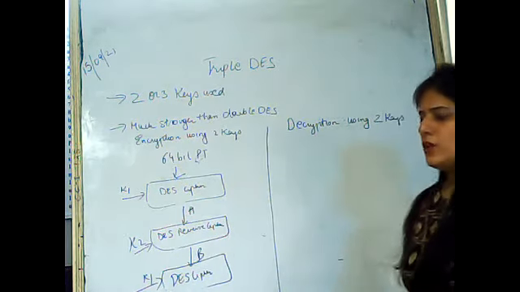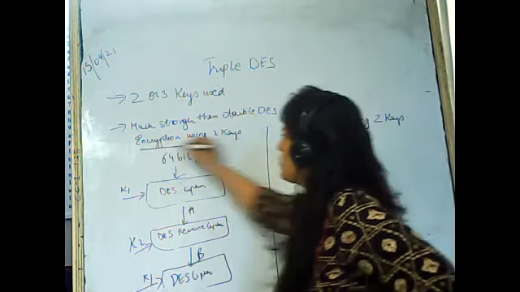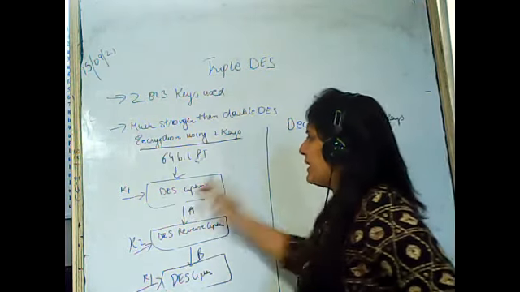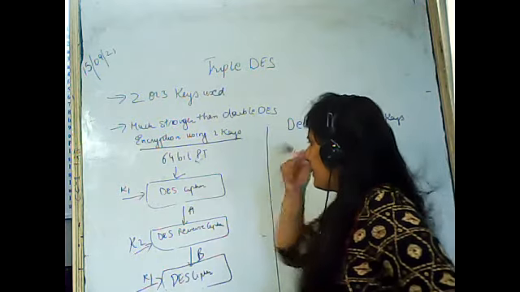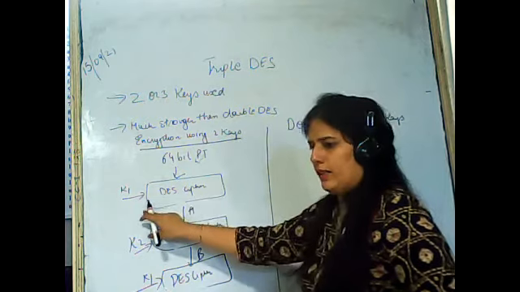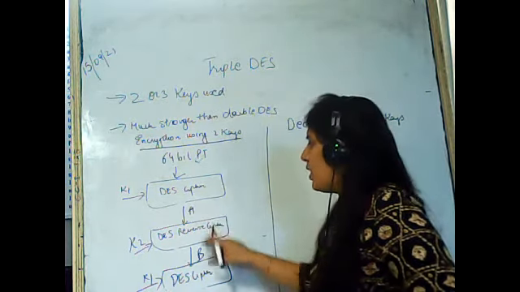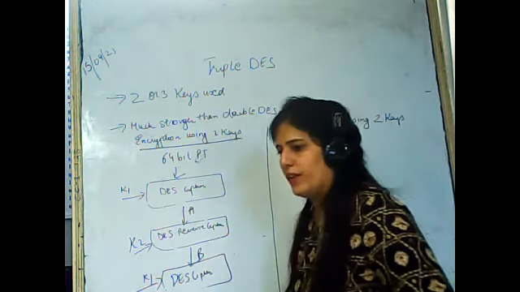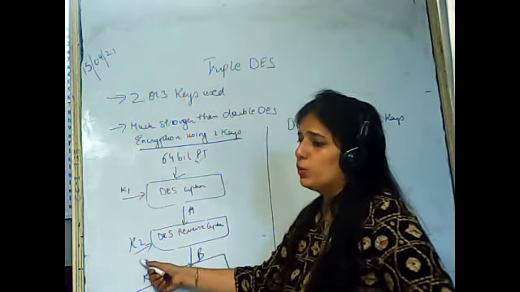Clear? So you can see here what we are doing. This is encryption using the 2 keys. First of all, 64-bit plain text is there. On this 64-bit plain text, we will apply the DES cipher using the key 1. Now let's suppose you are getting the answer as A over here. On this A, again I will apply the DES reverse cipher, but with the help of key 2.